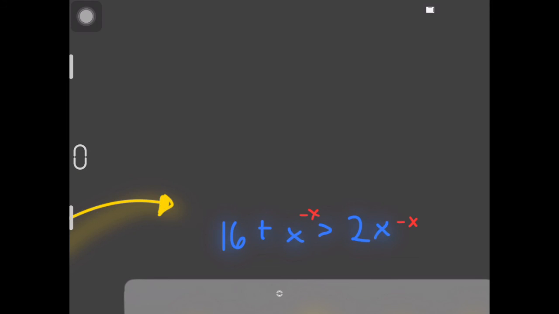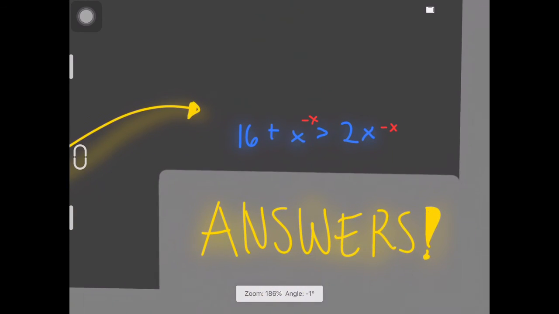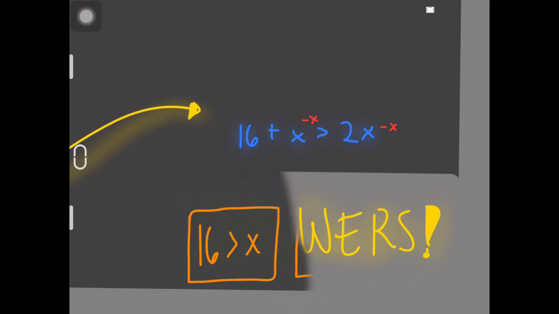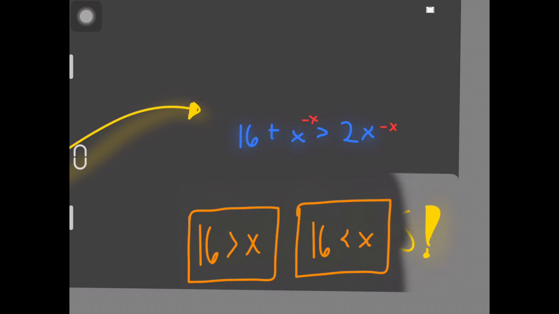Now for the final step, we have 16 plus x is lesser than 2x. Now to eliminate the x, we have to put negative x on both sides. Now we have our answer here, which is 16 is lesser than x, or x is greater than 16.